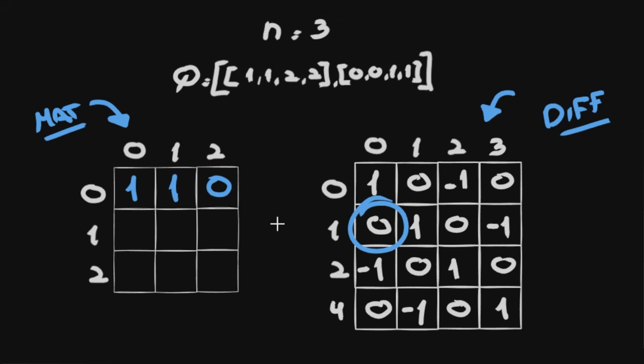Next we are here. We have an effect of 0 exactly at this cell, so we do 0 plus the accumulated effect up to this cell. 0 plus 1 is 1. Next we are here, and here it starts an effect of 1. So we need to do 1 plus the accumulated effect up to this moment.